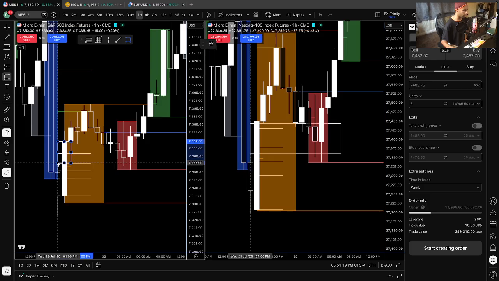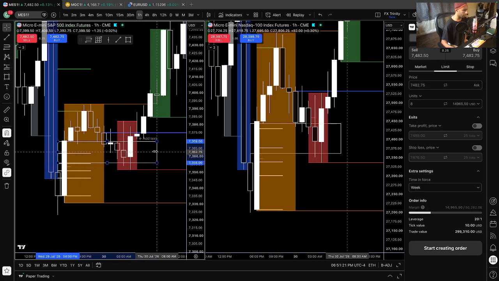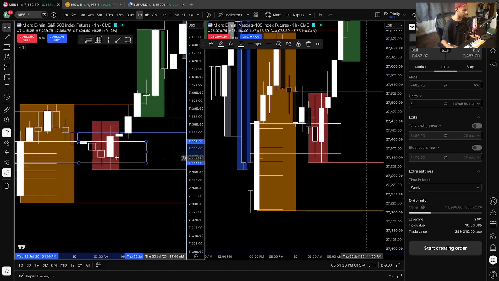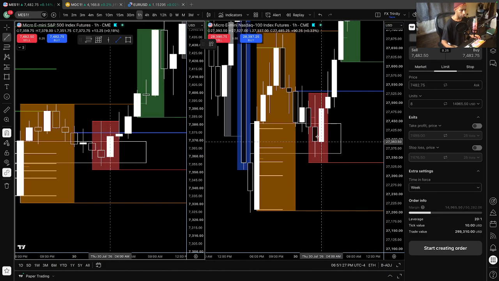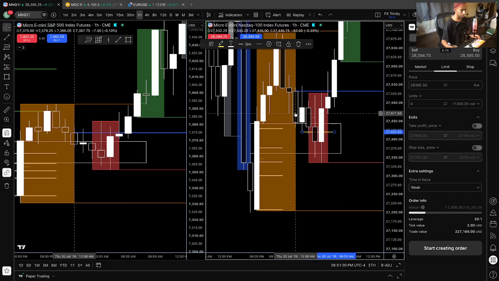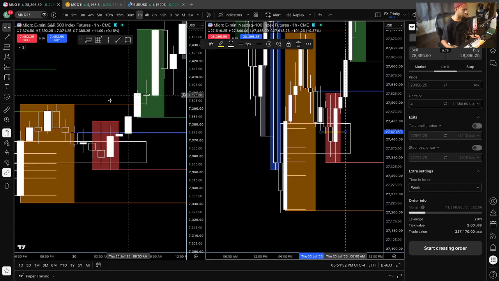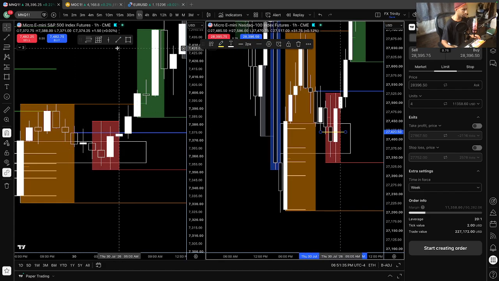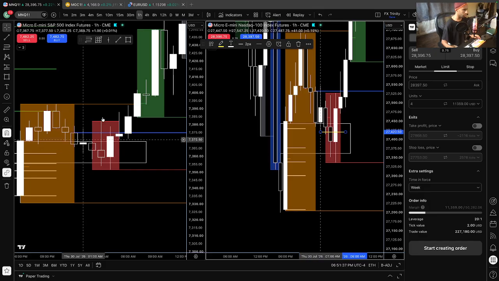They both have a bullish fair value gap that got respected, and they both put in a low to sweep as well, because this is technically a low: this is a down close, this is an up close, so that's a swing low.